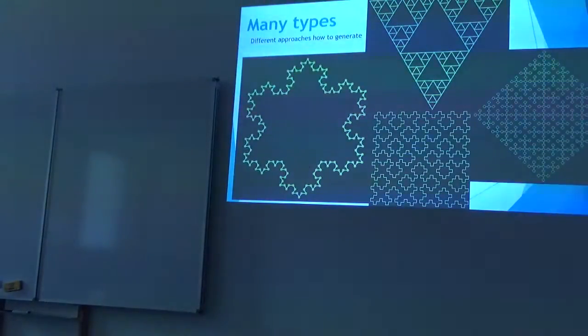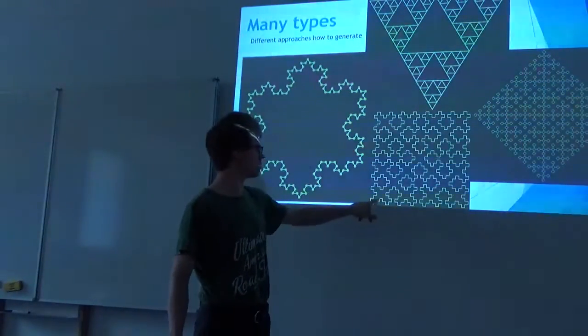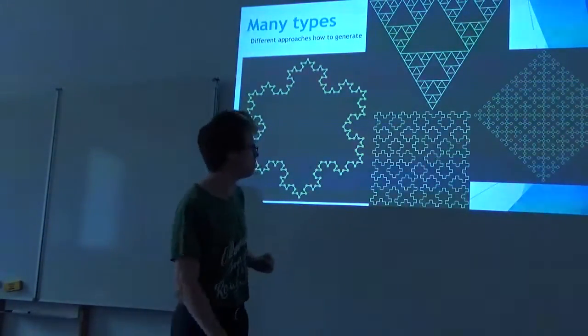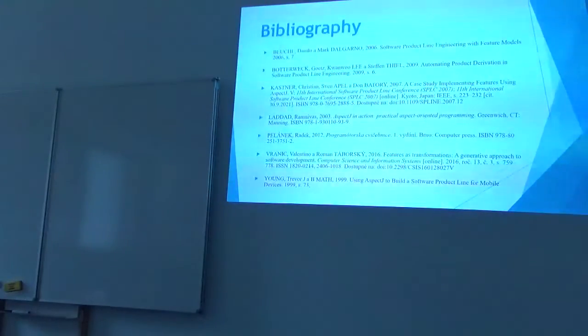A lot of types of fractals exist. At the bottom you can see the Sierpinski triangle. On the left is the Koch snowflake. At the bottom there is a Koch curve. It's known due to these curves in Word. And on the right is the known Kolam from the previous examples.